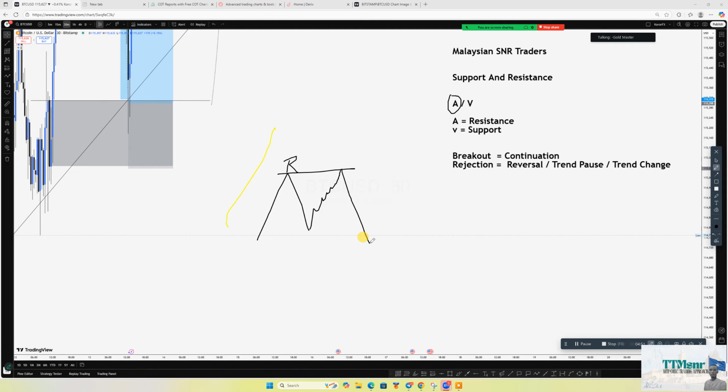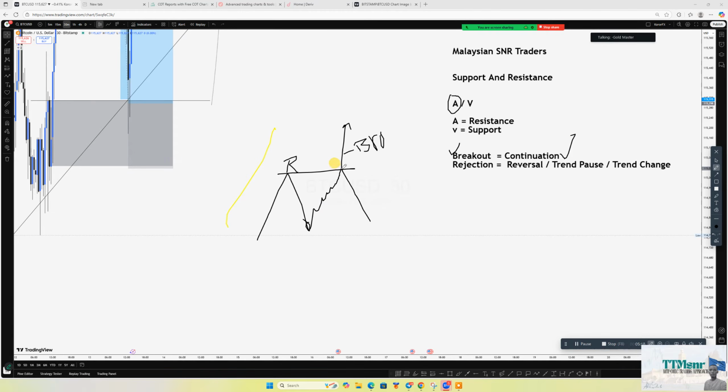But that's only one type of trade idea. It will either break the resistance up higher or reverse. So this will be breakout, which means continuation of this buy.